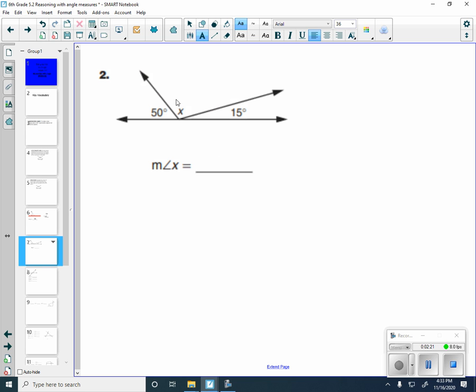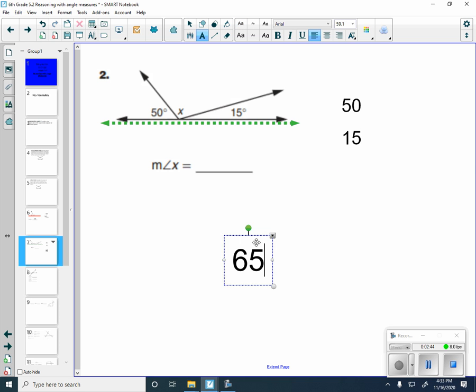Here's another one. Now we have x here, and 50 is adjacent to x, 15 is adjacent to x, but they're still all on this straight line. So this is what we know. 50 plus 15 equals 65.